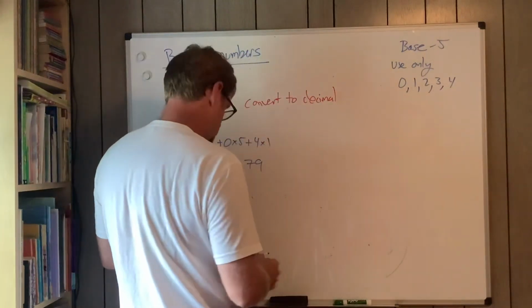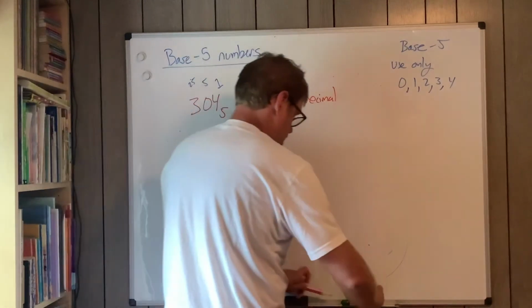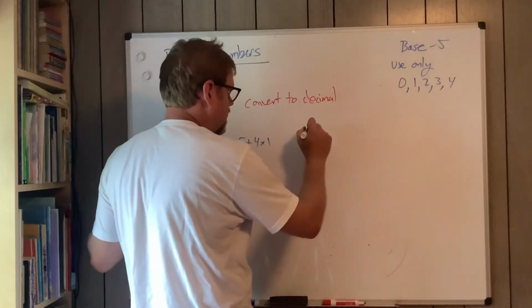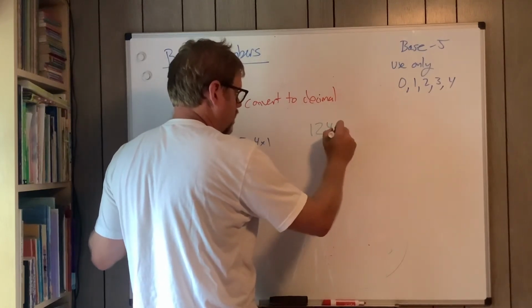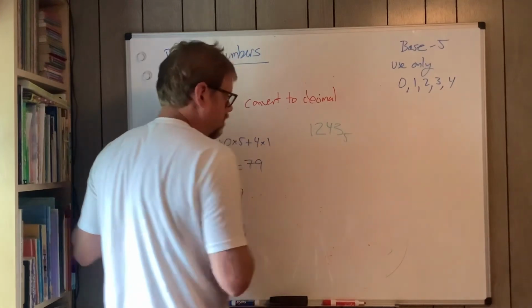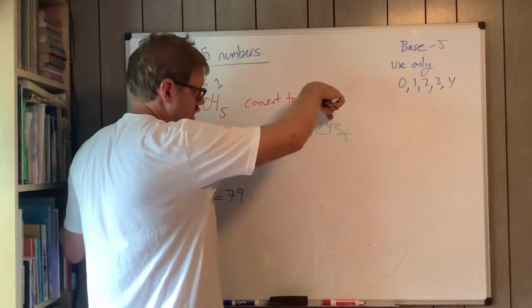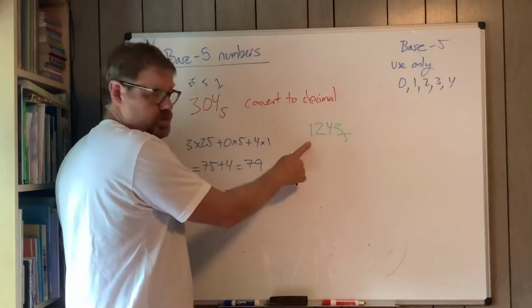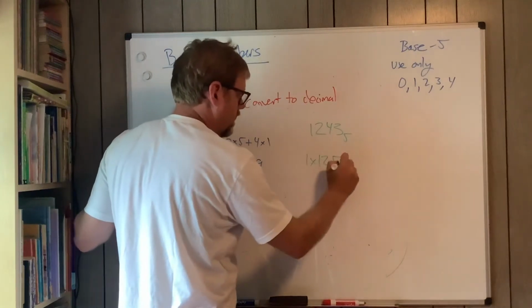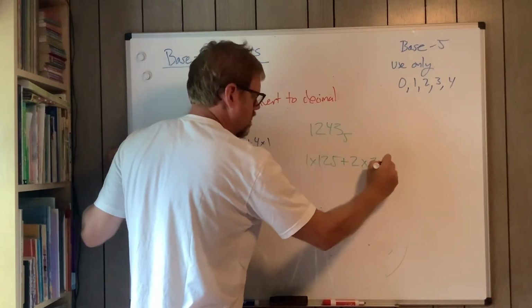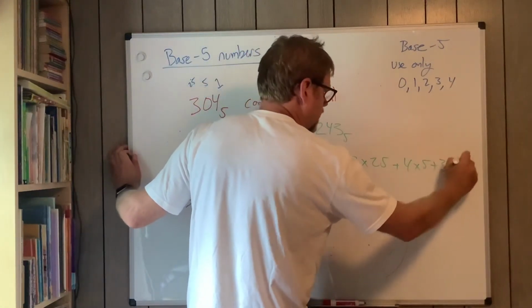And let's do one more. Go green this time. 1, 2, 4, 3, base 5. Okay, so ones, nickels, quarters, 125s. 1 of 125, two quarters, 4 nickels, 3 pennies.